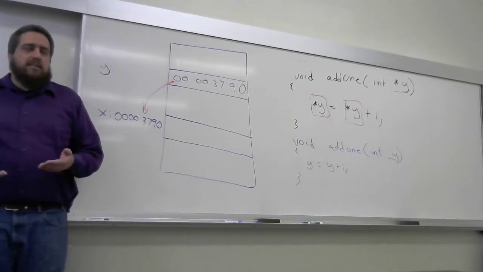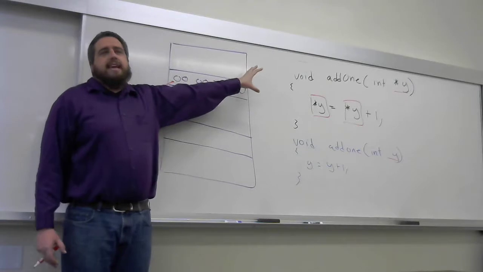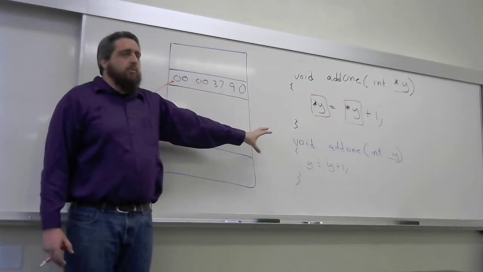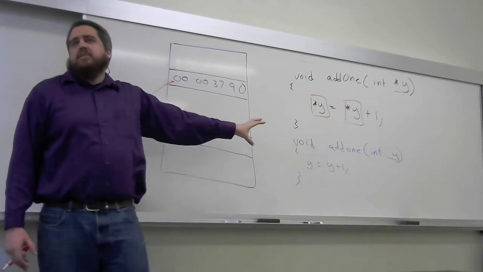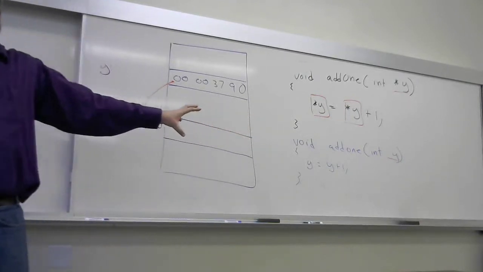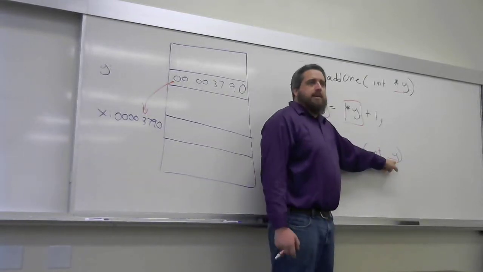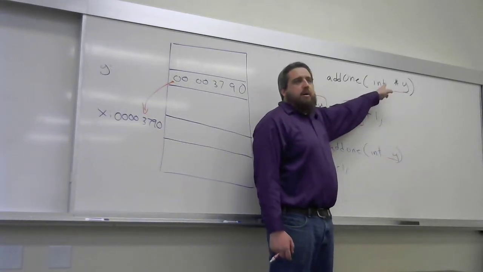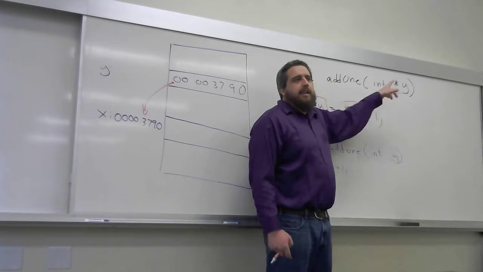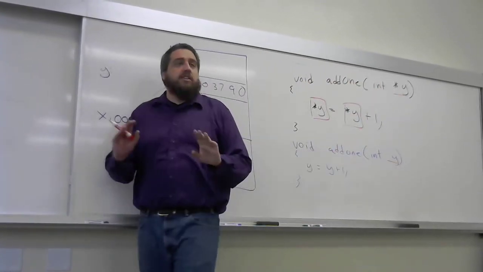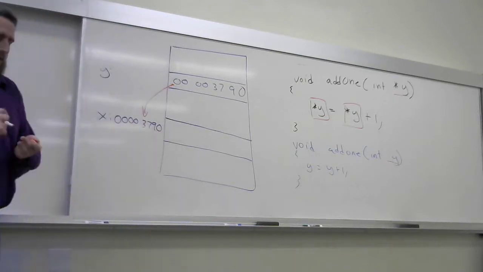What this means is that the first one takes an address of something else. And the bottom one takes the value of that other thing. We can think about this one down here as making a copy, and this one does not make a copy. That's the way we can kind of think about this. We'll find out that both of these end up making copies. They just make copies of different things.